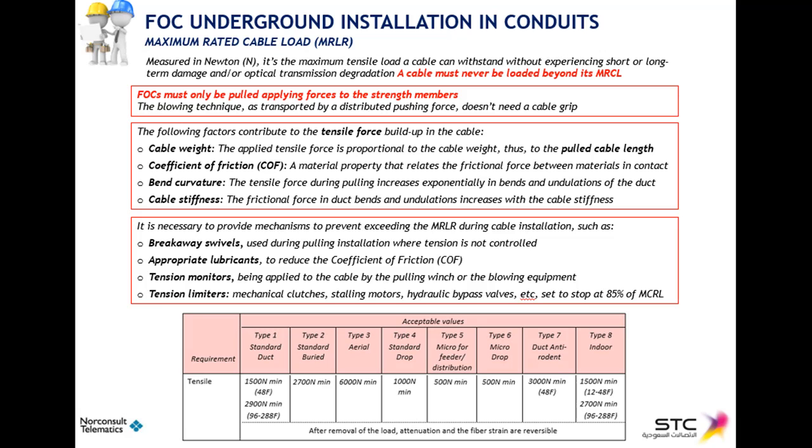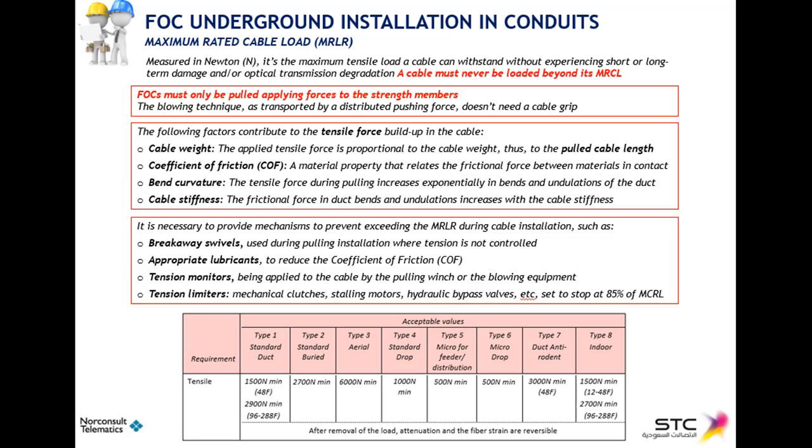If you don't have the cable data sheets, you must know that STC defines a minimum value for the maximum rated cable load that all manufacturers have to meet. They can exceed that value, which means that the cable is stronger, but they cannot fall short of it. So that is the minimum value, and those values are shown down here on the table.